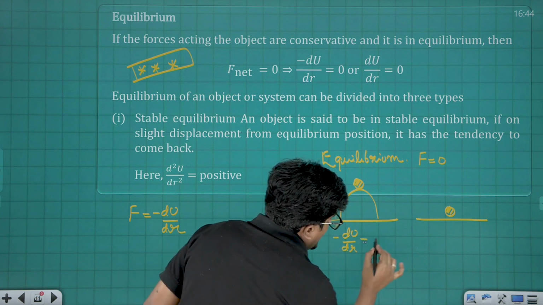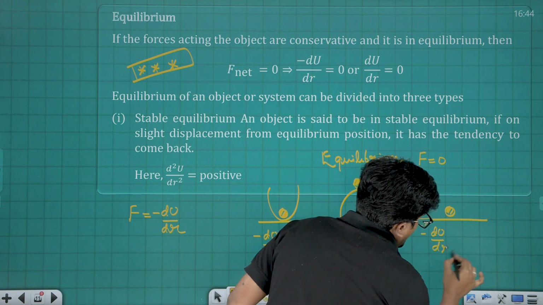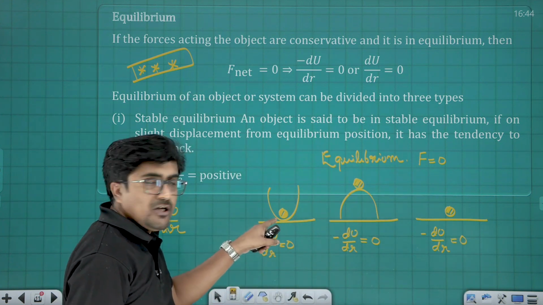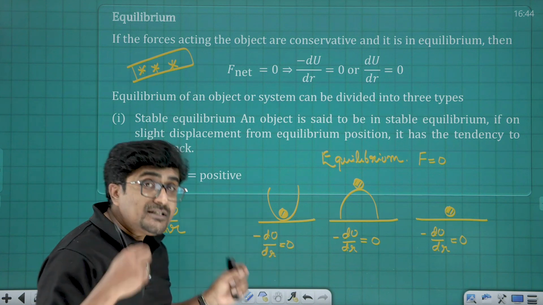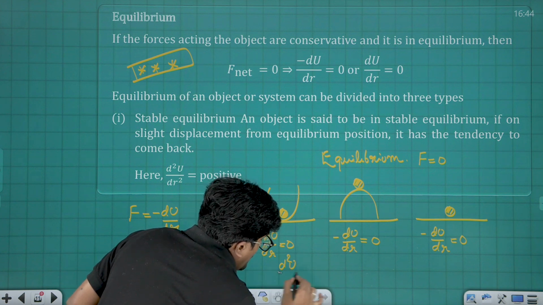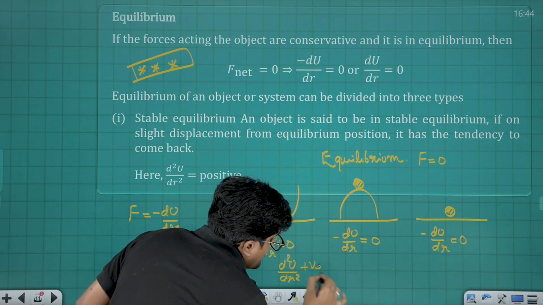Minus of du by dr is going to be 0. And here, at stable equilibrium condition, potential energy is minimum, and if potential energy is minimum, then d square u by dr square must be positive.